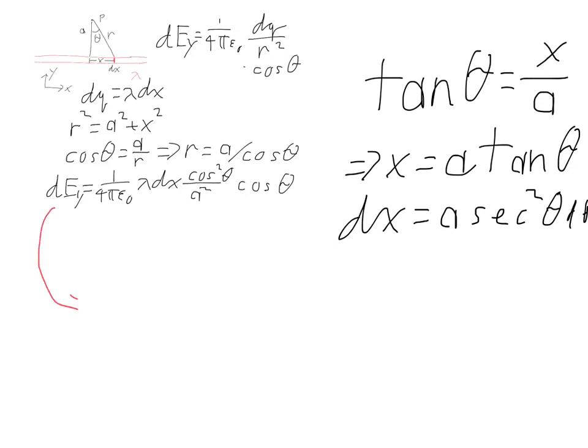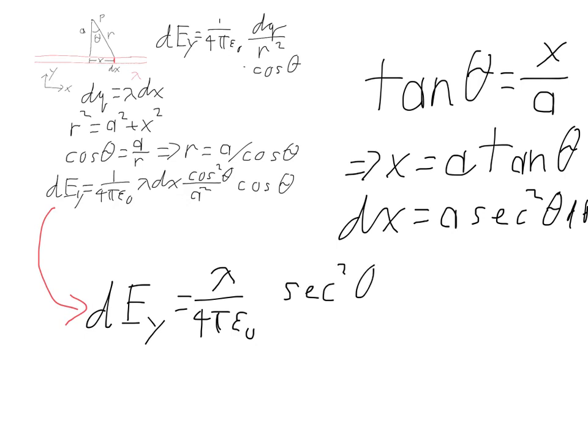So we can actually plug that into our handy-dandy equation. Let's bring that all down and put it all together. The electric field in the y direction is going to be lambda over 4 pi epsilon naught, times secant squared theta, times cosine cubed theta.